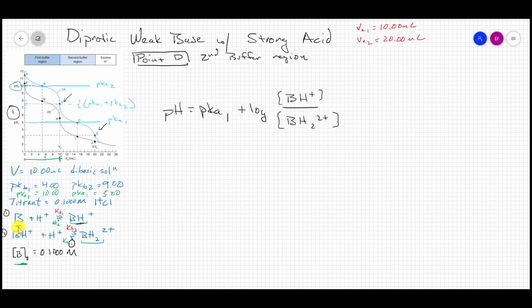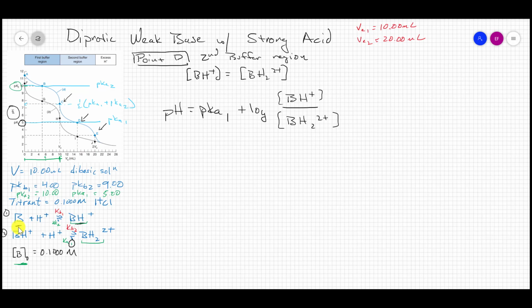So this would be our system of calculation at exactly point D, in that unique circumstance where our BH+ is equal to our BH2 2+. So that collapses this equation where pH is equal to pKa1 being 5, and that's what we see here.